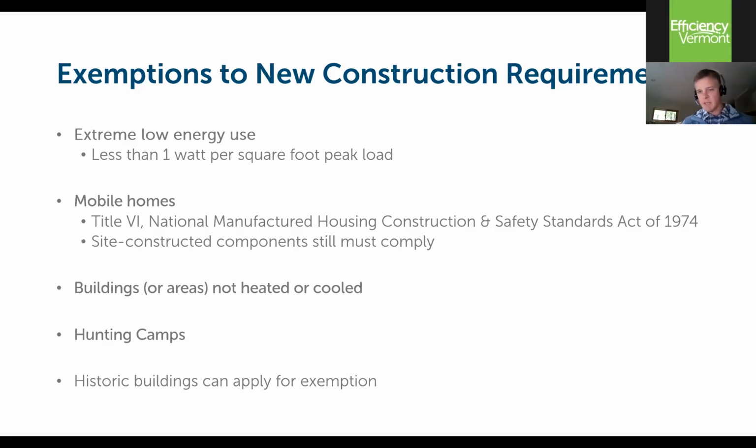Hunting camps, summer camps, so basically buildings that exist for seasonal use and don't have a full heating and cooling system in them, aren't insulated, those buildings don't need to meet the requirements for code. And historic buildings can apply for exemptions as well when you're doing renovations or alterations to an existing historic building. There are options for being exempt from certain components of the code for those building types as well.